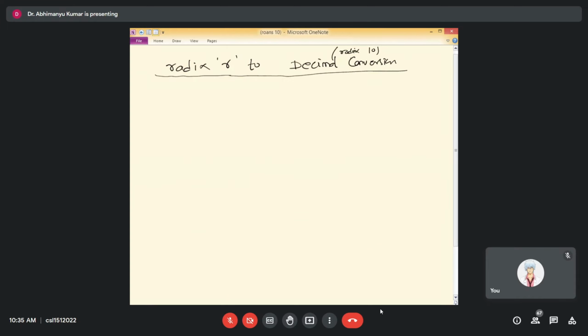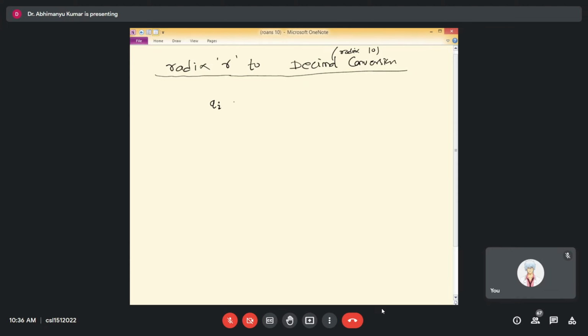Suppose some quantities are represented. Suppose the individual ai is representing the individual digits, or individual figures, we can say.